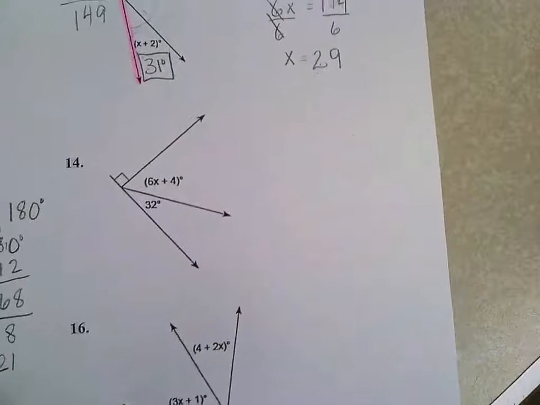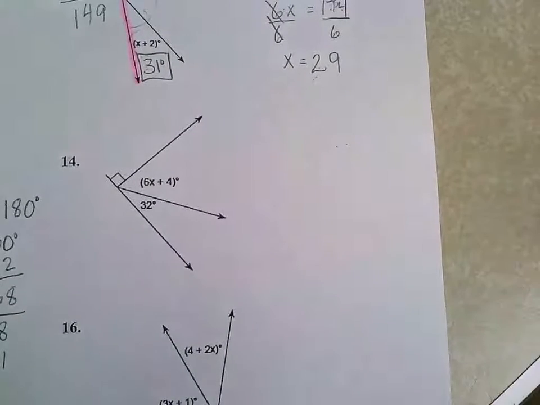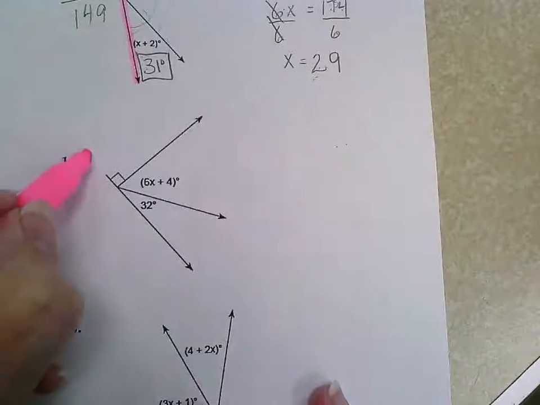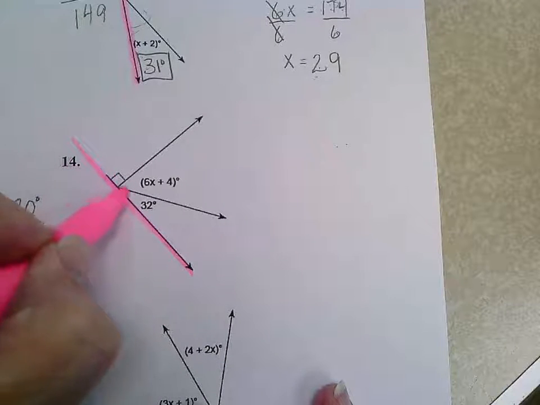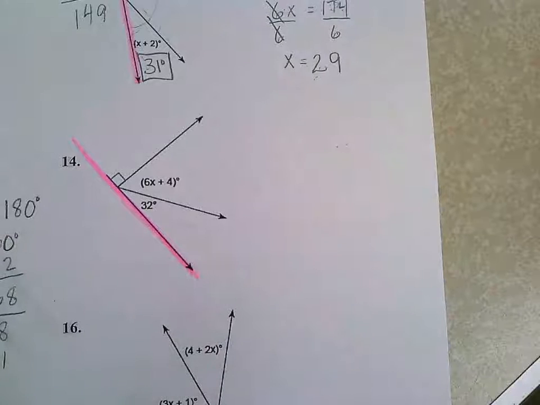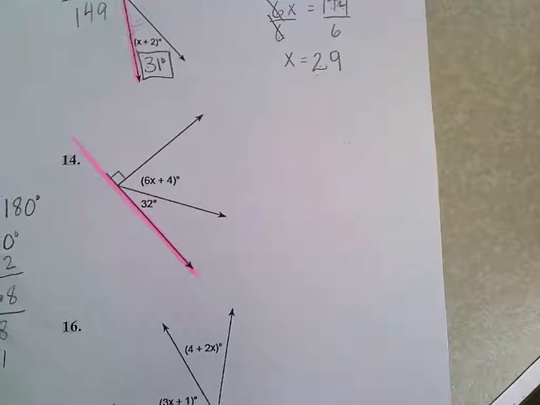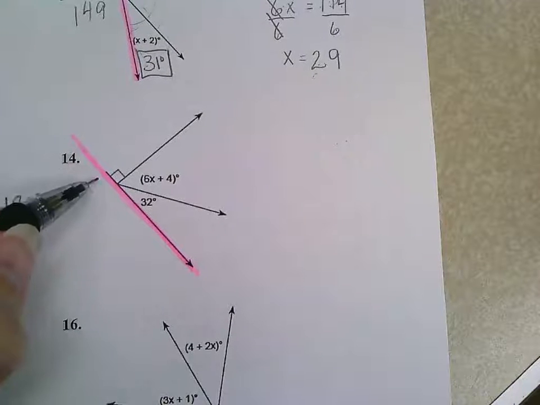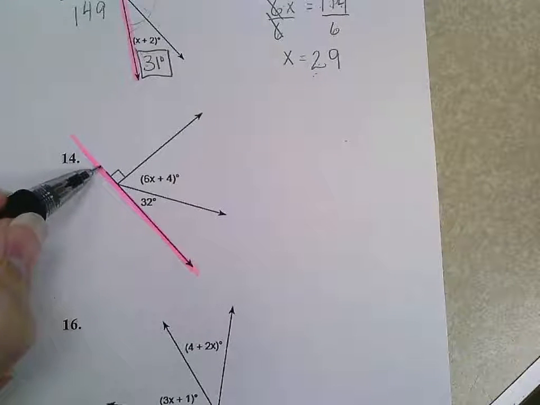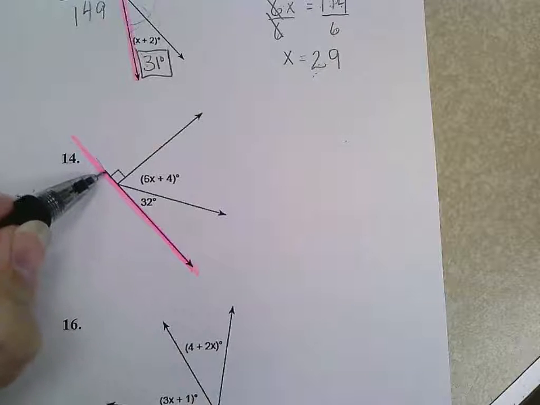Number 4. On number 14, my straight line is right here. I wouldn't have done this, but they stopped the line right here. I would have extended it a little further.